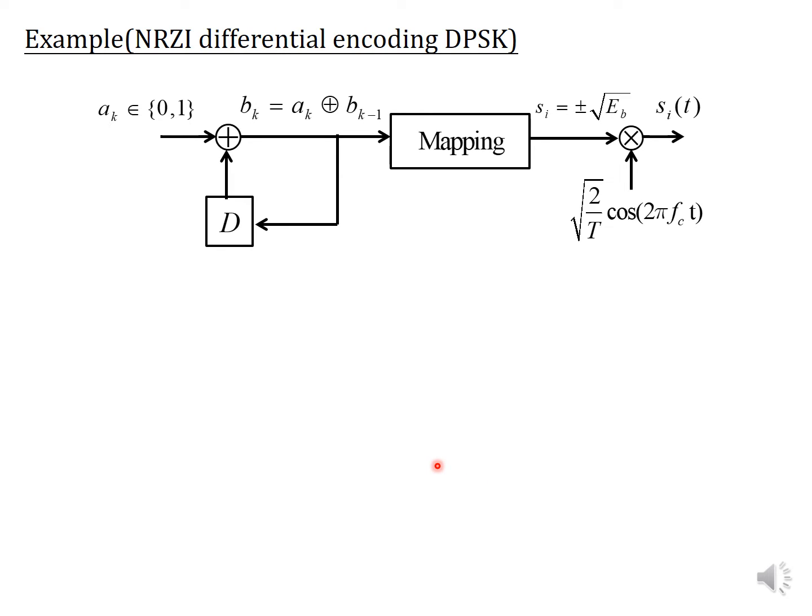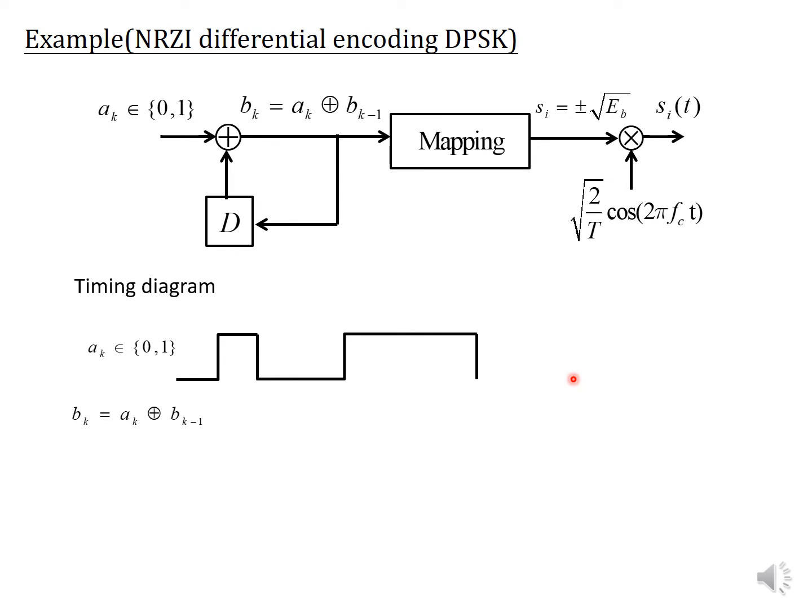In the timing diagram, the original binary message is a_k, for example, and a_k is 0 or 1 because it is binary. So we have a sequence of the message for transmission.